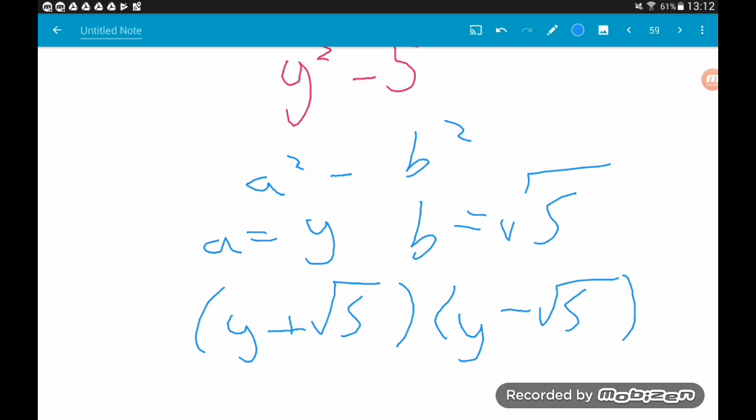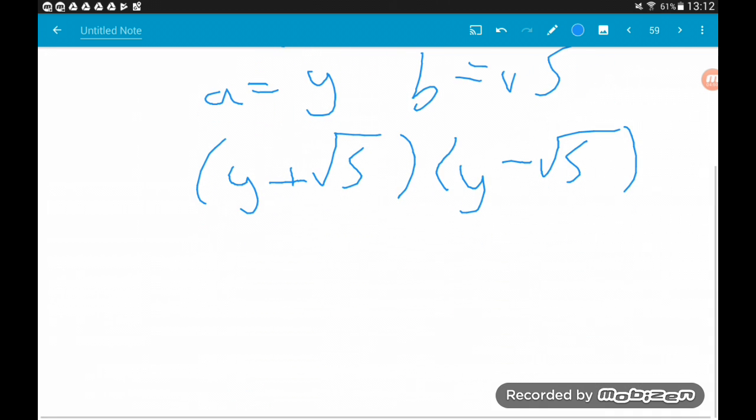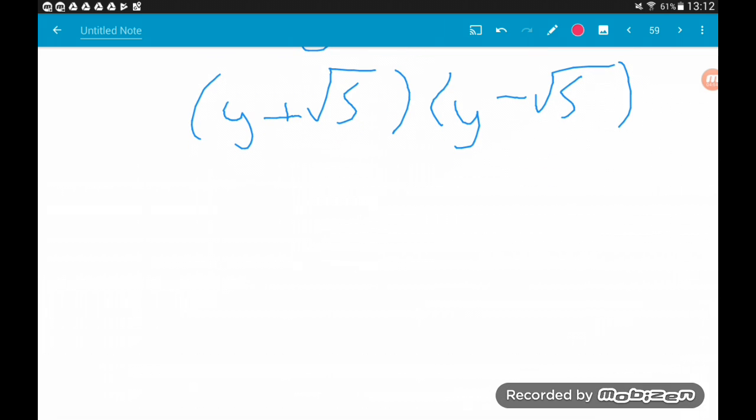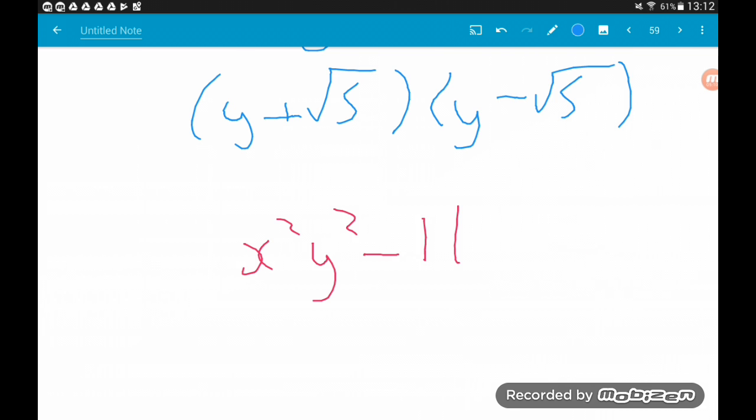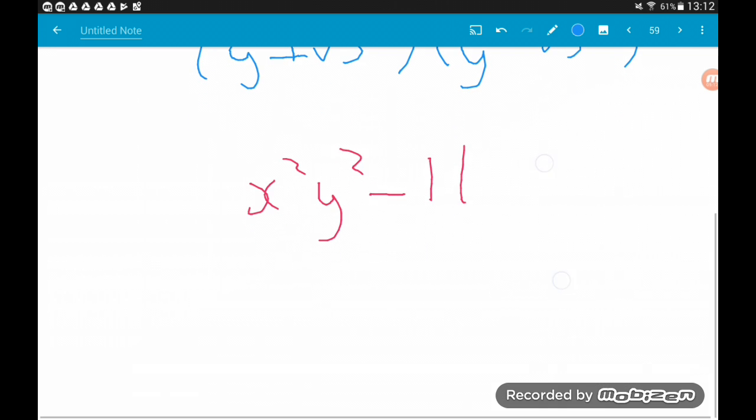You know what, while we're here, let's do another example where surds are involved. So let's say we've got x squared y squared minus 11. So again, this is a difference of two squares.